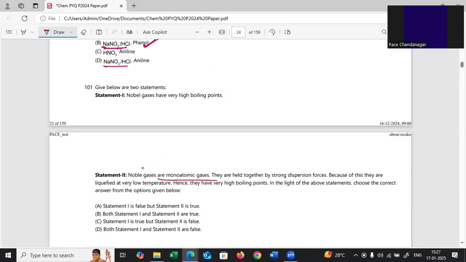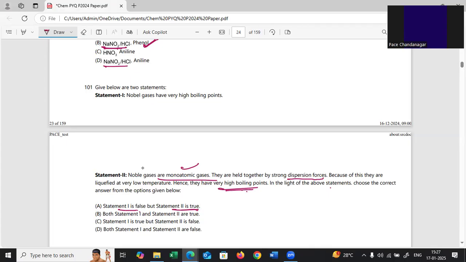Noble gases are monoatomic, they are held together by strong dispersion forces. Because of this, they are liquefied at very low temperatures, hence they have very high boiling points. Which statements are correct? They say statement 1 is false.